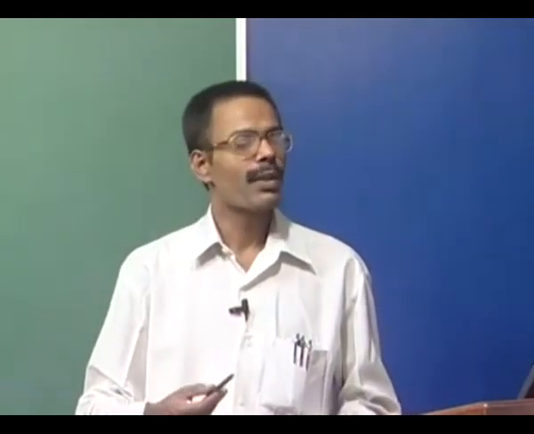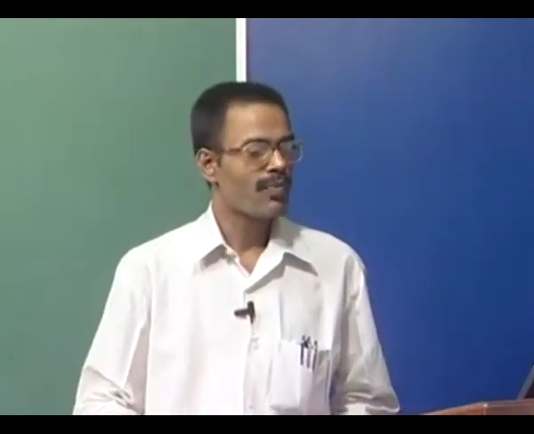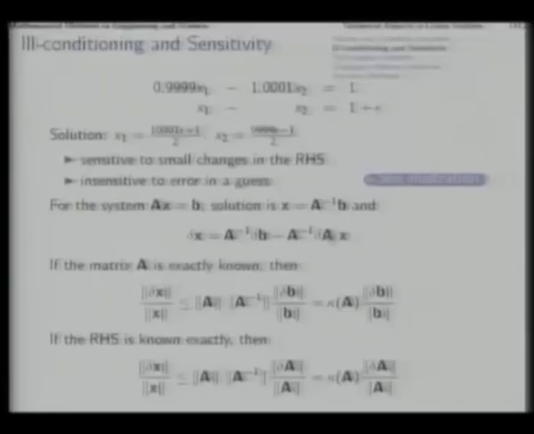First, suppose the matrix A is exactly known. In that case, delta A will be 0, and we have to consider the effect of delta b.